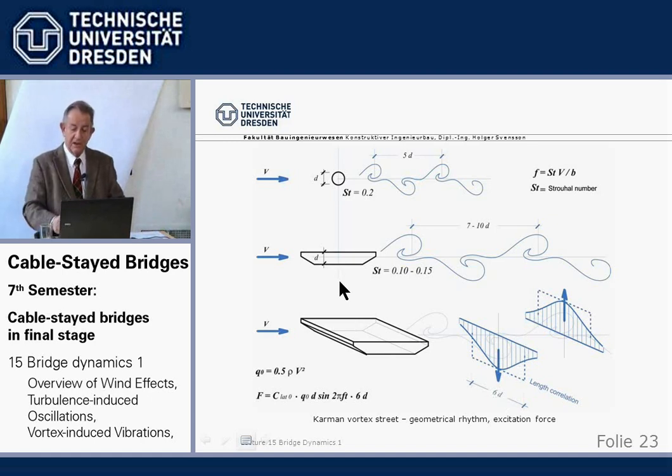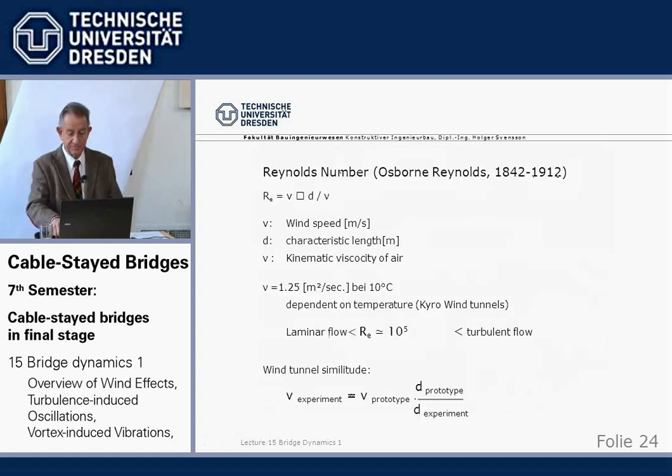And so we can then calculate these drift forces upwards, downwards from vortex shedding if we have the frequency of the beam, the vertical bending, in phase with the vortex shedding.